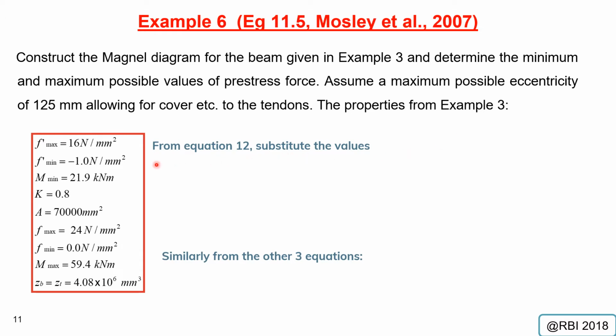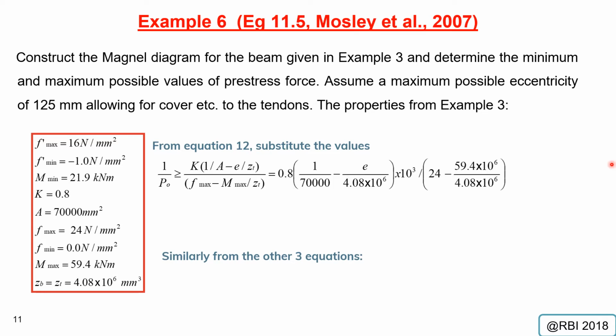You can see the red box here is all the properties that we have determined before in example 3. We will use the first equation, which is equation 12, as you can see in the slide, and substitute all the parameters: the k value, the a value, the area value, the zt value, the stress maximum, moment maximum, and so on.